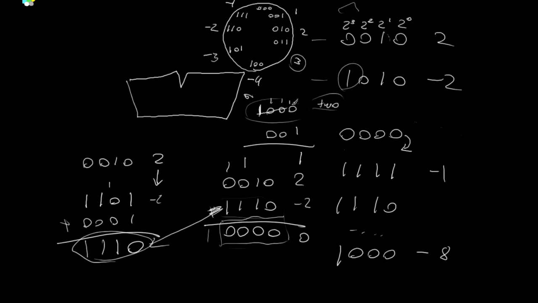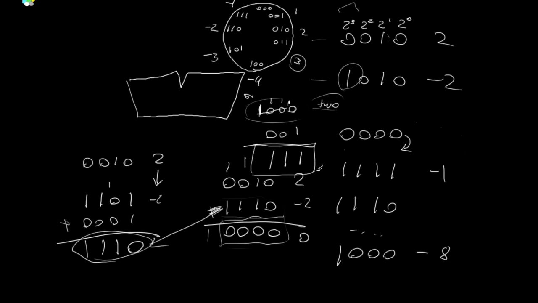Well, I'm thinking if it's a borrow, it goes up like this, right? So this is actually 1, 0, and then you get the 1 here, and then the 1 here, and there you have it.